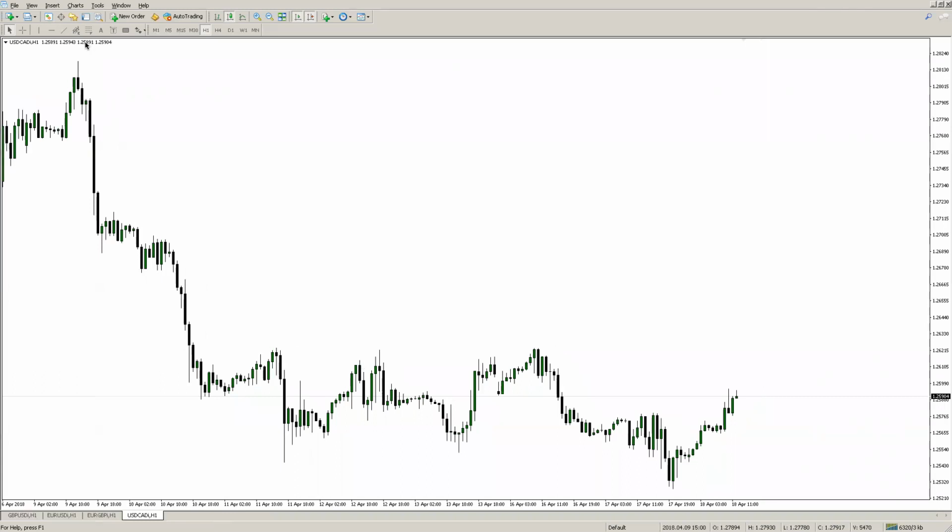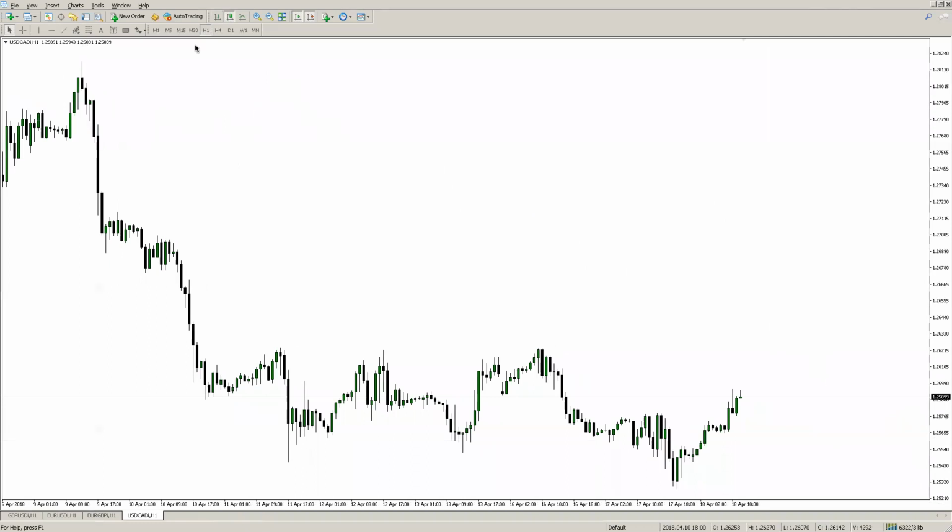I'm not going to take a trade on this until probably after the news release, just because anytime that happens, we could just get a lot of spikes in and out of the market. So spike up, spike down, and they could just run the stops. So I don't want to take part in that. So I'm going to look to enter probably after the news if I look to take anything on USD CAD.